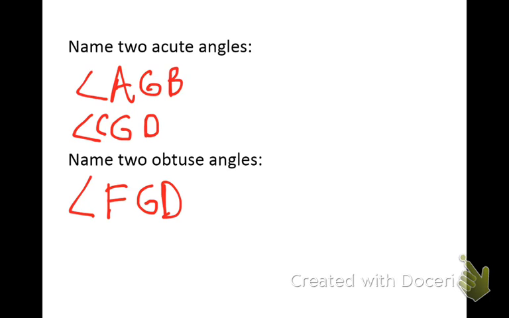If AGD is 77, BGD would have to be 180 minus 77, which is 103. So we could say angle BGD. Okay, any questions?